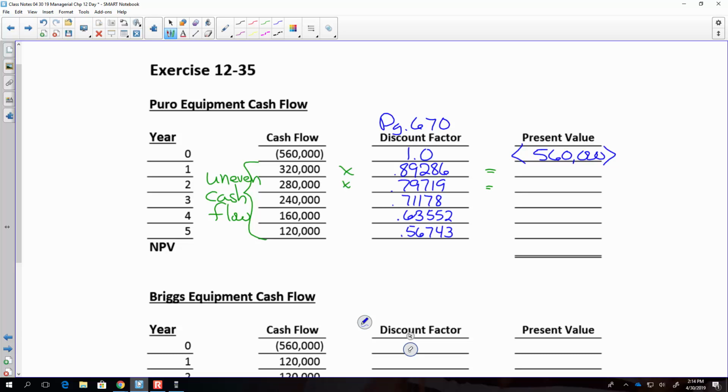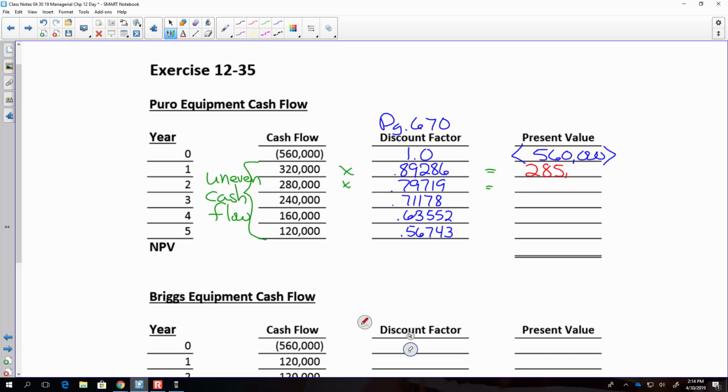If we do it on our calculator, we can really double check our work here, because it's pretty easy to make a typo error. So I'm going to multiply these out then. I'm not going to put the cents down, I'm just going to put the dollar amount.